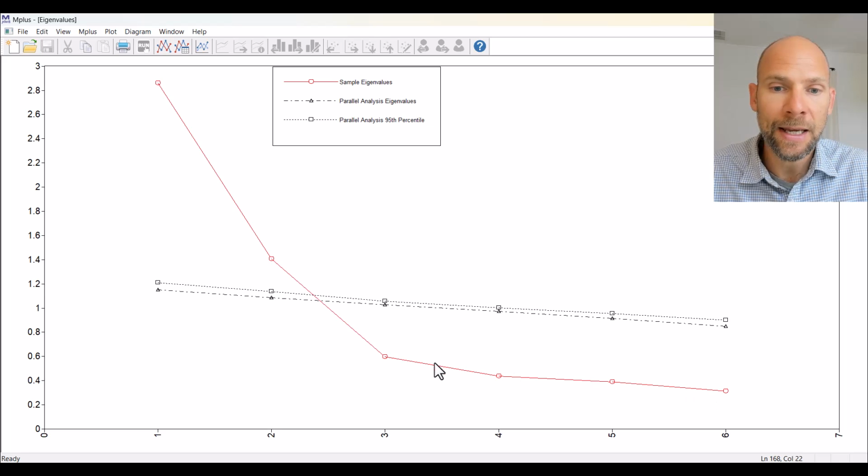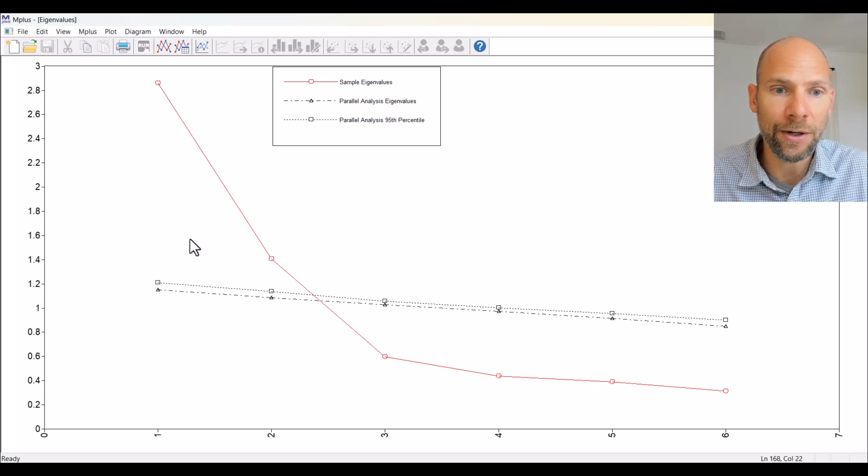So that's the eigenvalue distribution for our mental rotations and math test scores. And here you can see that there's an intersection with the eigenvalues from the parallel analysis, which are shown here in black. You can see that they intersect between 2 and 3 factors, which means we're going to use 2 factors.